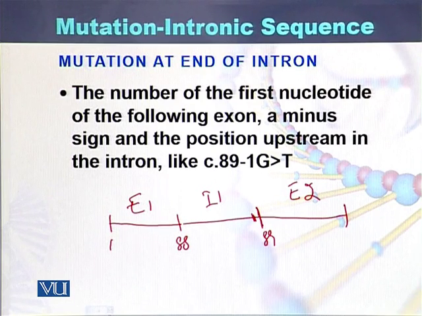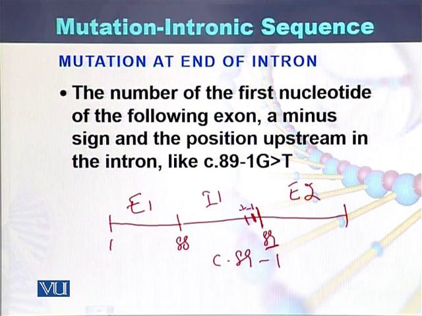If the mutation is here in the intron, it will be written as c.89 with reference to nucleotide number 89, minus 1, because the mutation is actually present in the intron. So we write minus 1. This one will be minus 2.